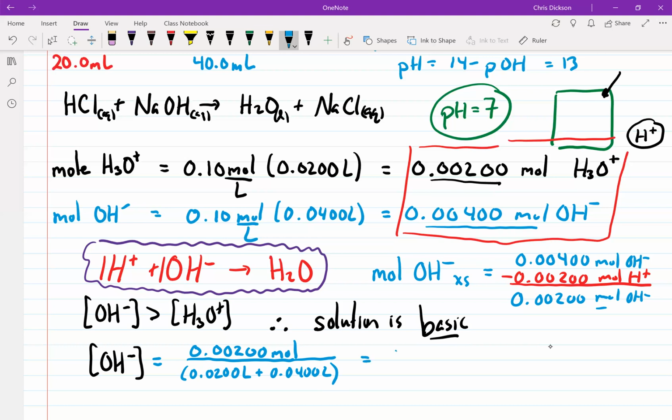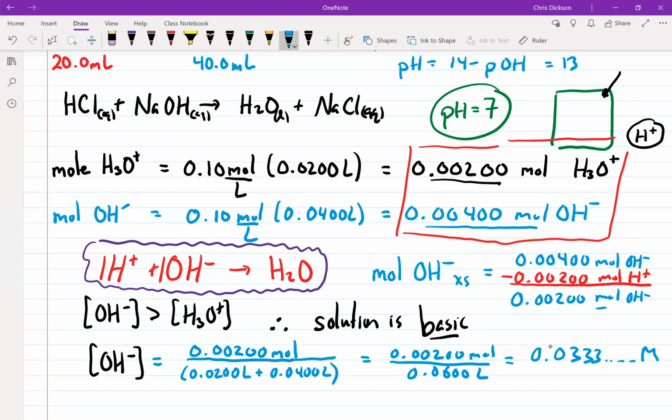So really it's 0.00200 moles all over 0.0600 liters. And 0.002 divided by 0.06 gives us a concentration of about 0.0333 repeating molar hydroxide.